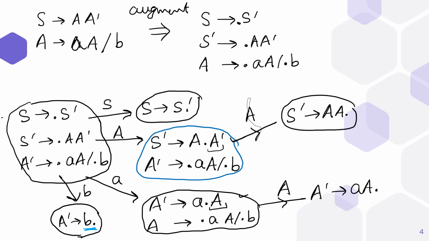Now you can see that it is at the end of the production. That means that it has been completely read. Now you can see that this particular production can go to this particular state in order to read small a. So we would go to this particular state in order to read small a, and this particular state will go to this particular state in order to read small b.